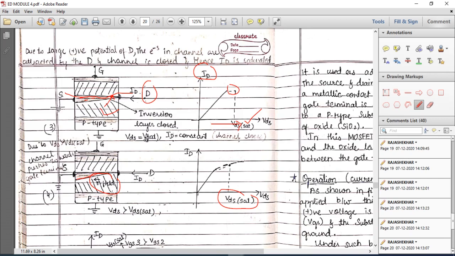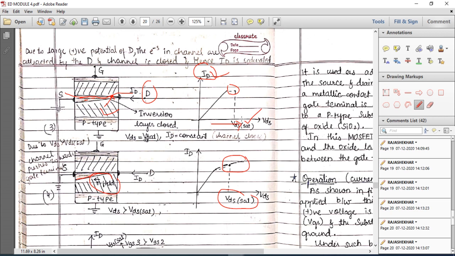This electric field makes the drain current start increasing again, because the electric field present in the channel or near the channel affects the drain current and creates noise in the current. So we have to take care of that.